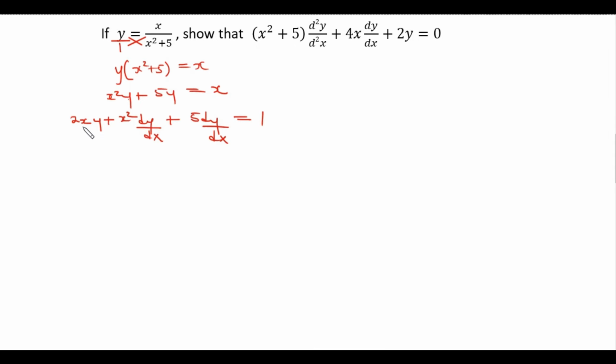If we differentiate here, let me explain this. This is 2. Let me put this in bracket. X, you differentiate x is 1, and then you keep y, plus differentiate y now, keep x. X, you differentiate y, becomes dy/dx. Close the bracket.